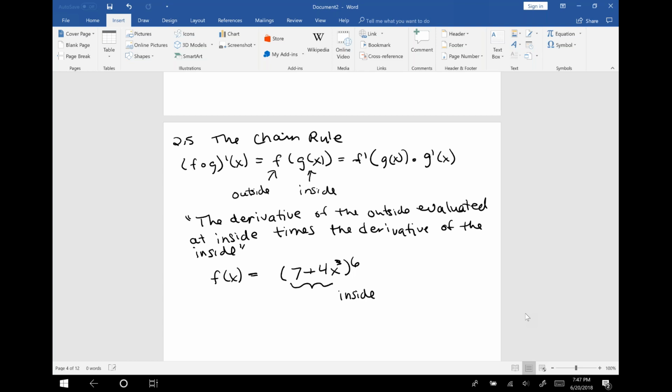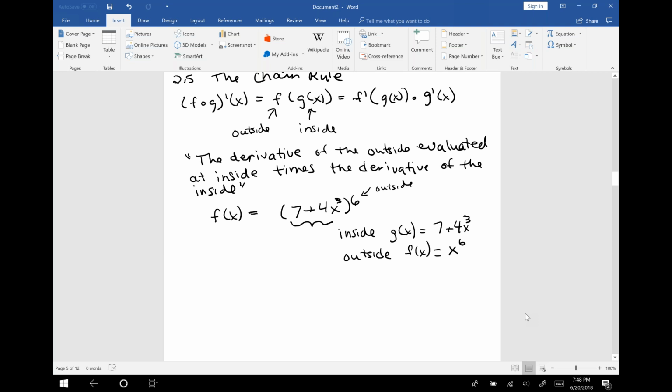So the inside function, and I'll write it as g of x, is going to be 7 plus 4x to the 3rd power. And then the outside function is going to be something raised to the 6th power. So I'm still going to use x, instead of writing a different variable. It's going to be x to the 6th.